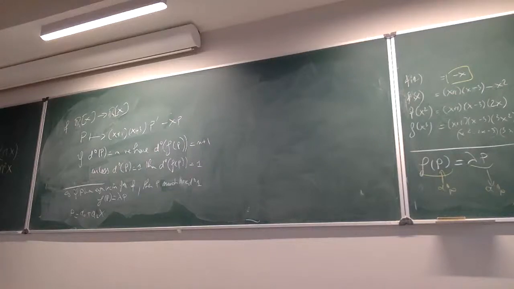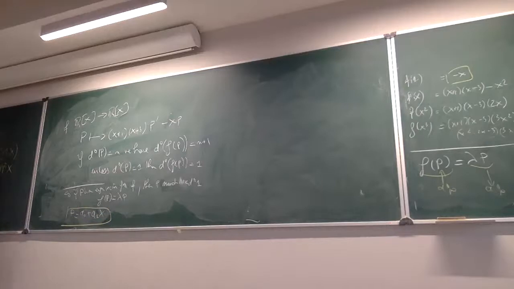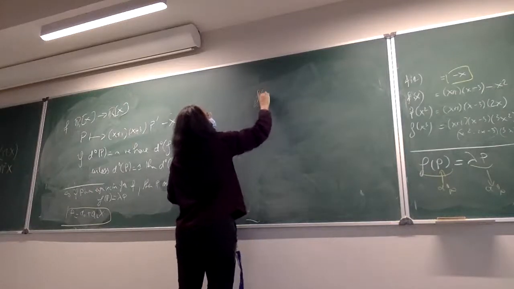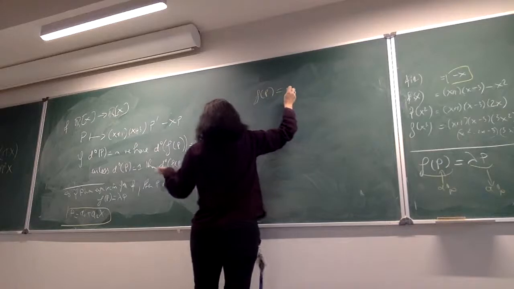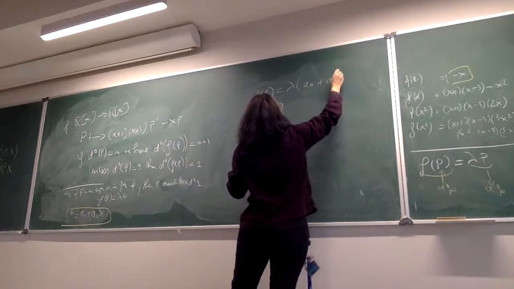Okay, so we know P must look like that. So this is what we want to solve: F of P is equal to lambda P, with P being that specific a0 plus a1x.